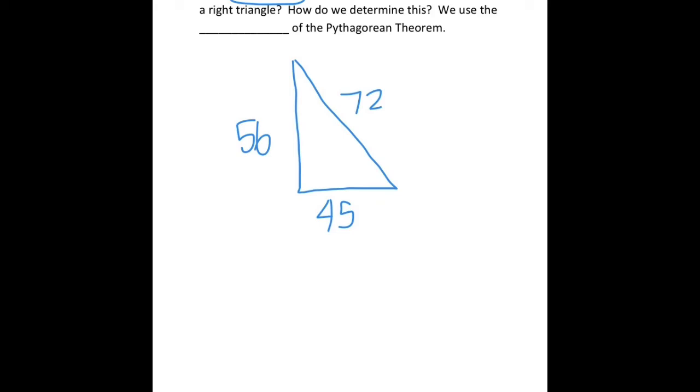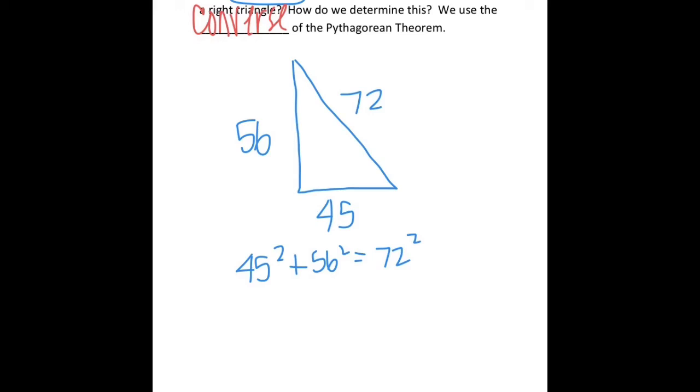So plug that in. It says, do the positions of the three cities form a right triangle? How do we determine this? Well, if it forms a right triangle, that means it will fit a squared plus b squared equals c squared. This is by using the converse of the Pythagorean theorem.